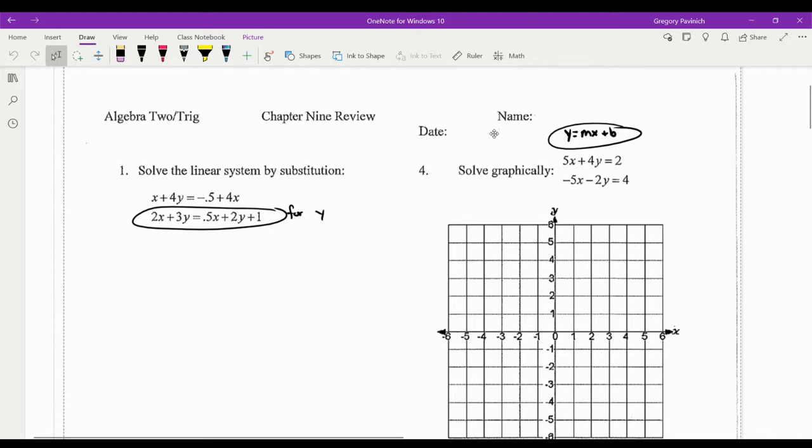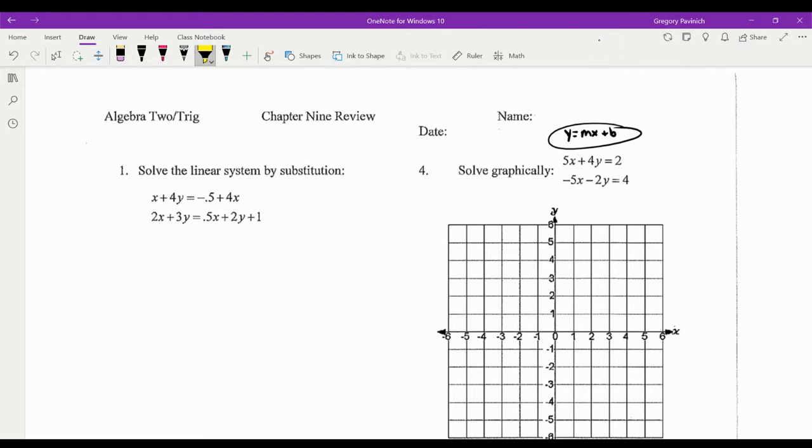As I was talking in class yesterday, when you're doing substitution, you are going to want to look for the variable that is the easiest to get by itself. So both equations have an x and a y. And if you notice, if I solve for y in the second equation, it's going to be the easiest because when I subtract my 2y from both sides, I end up getting y all by itself with a positive 1 coefficient.